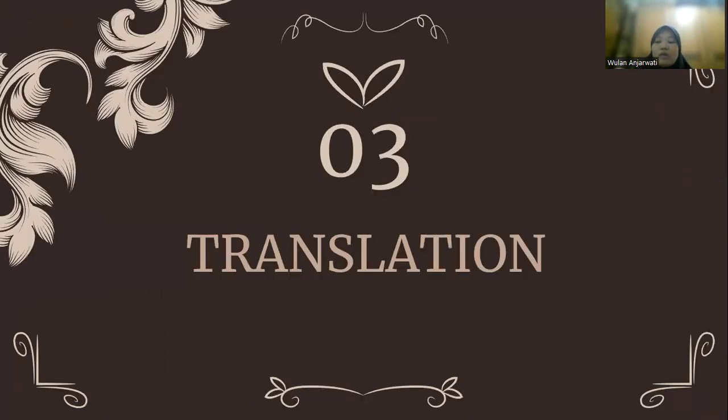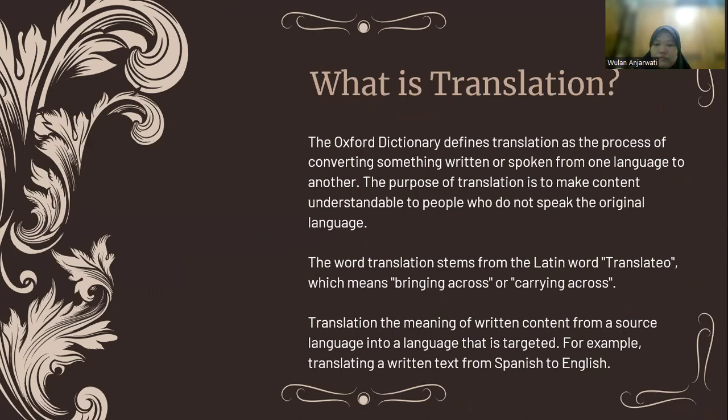Next, about translation. What is translation? According to the Oxford Dictionary, translation is the process of converting something written or spoken from one language to another. The purpose of translation is to make content understandable to people who do not speak the original language.